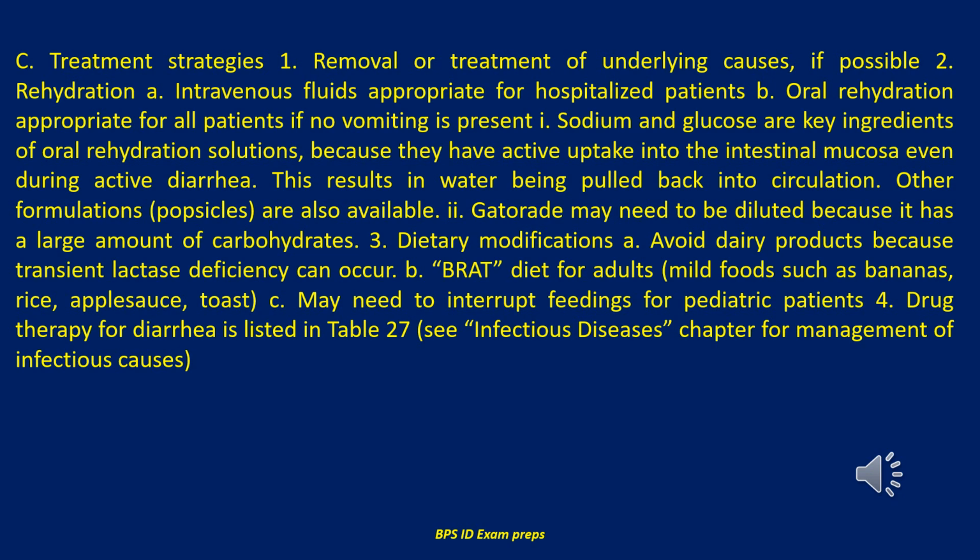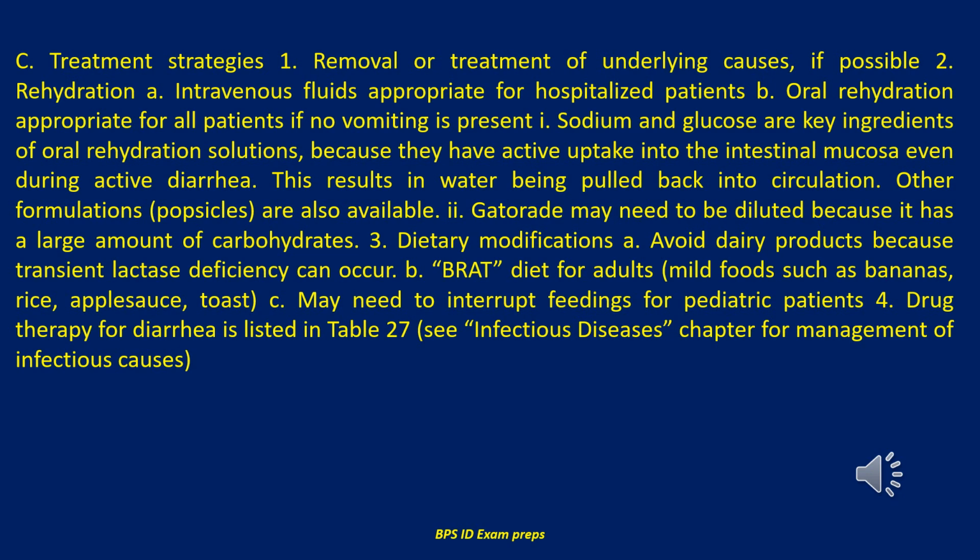Other formulations, such as popsicles, are also available. 2. Gatorade may need to be diluted because it has a large amount of carbohydrates. 3. Dietary modifications. A. Avoid dairy products because transient lactase deficiency can occur. B. BRAT diet for adults. Mild foods such as bananas, rice, applesauce, toast.